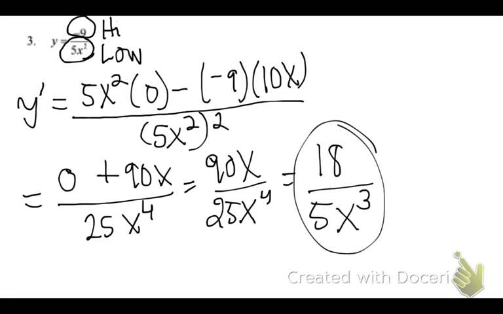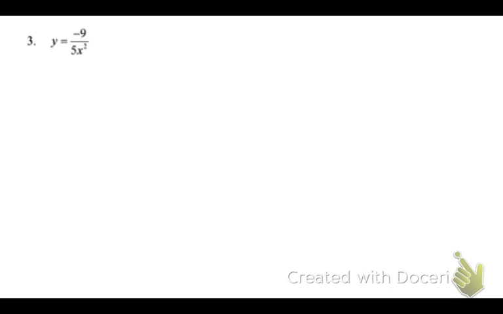Did we have to apply the quotient rule? The answer to that is no. We can algebraically manipulate this to negative 9/5. So that's going to be like our scalar multiple. And then we're going to bring that x squared up to become x to the negative 2.